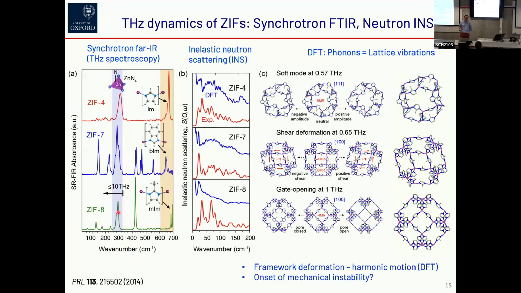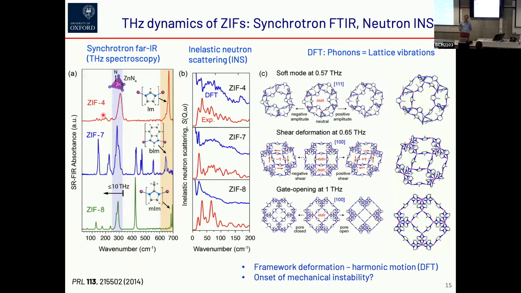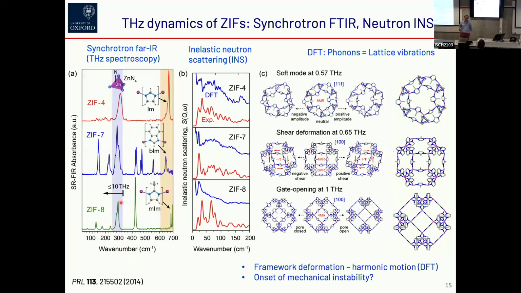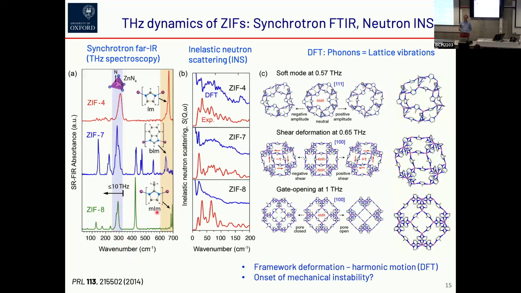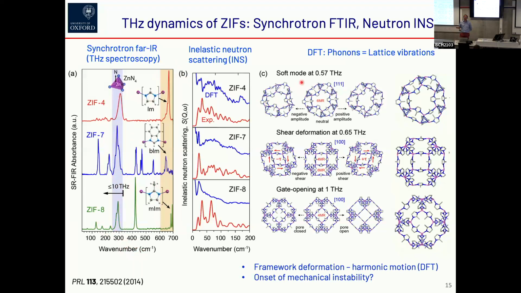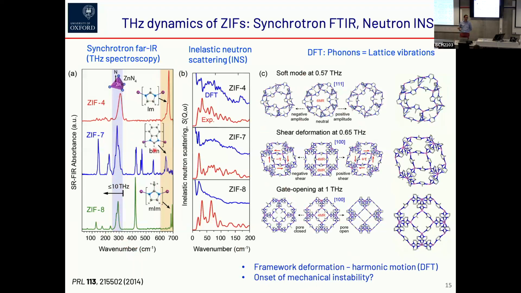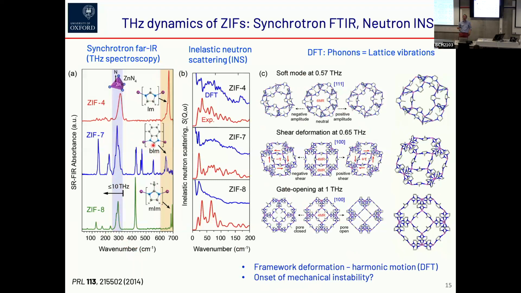So there are modes that are common to different ZIF materials, 4, 7, and 8. Okay, and you can see that yes, the higher energy band, like here, could be associated with the linker modes. So the DFT helps us to understand a bit more the origin of these vibrational bands at low energies.